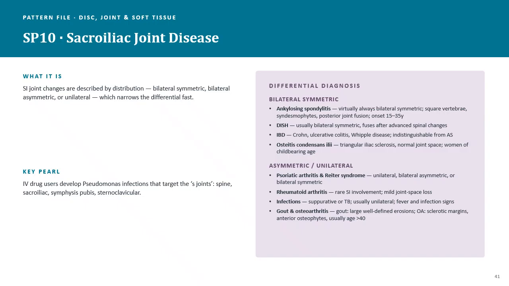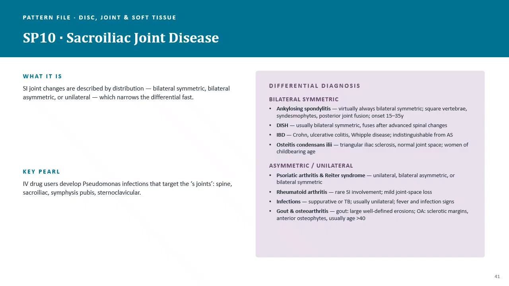So again, when we're looking at SI joint diseases, we're looking for symmetry, or we're looking for asymmetry, meaning not symmetrical, or we're looking for it to be one-sided or unilateral. That's going to help the doctor or radiologist narrow down what might be causing that SI joint disease.